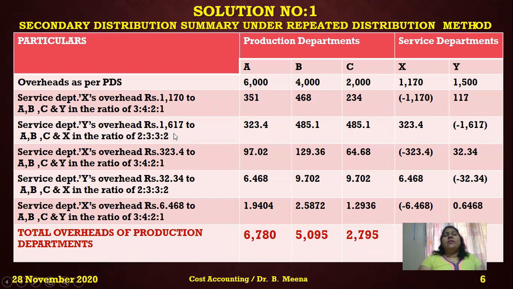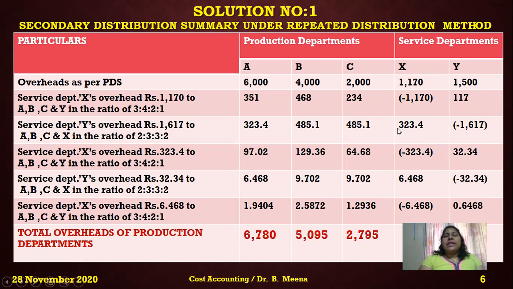So 2 by 10, 3 by 10, 3 by 10, 2 by 10. Out of 1,617, I'll get the amounts 323.4 for A, 485.1 for B and C, and 323.4 for X. And I mentioned in the Y column minus 1,617 was redistributed among A, B, C, and X.